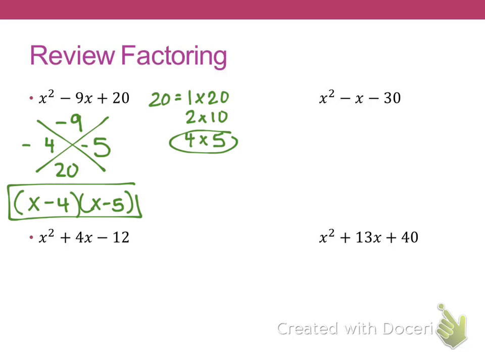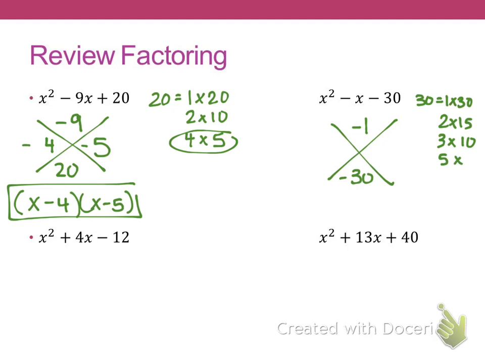All right, so let's look at the next one over here. What number am I going to put up top? -1, because there's an understood one there. -30. So list the factors of 30. 1 times 30, 2 times 15, 3 times 10, and 5 times 6. So I ask myself, what is 30, positive or negative? Negative.